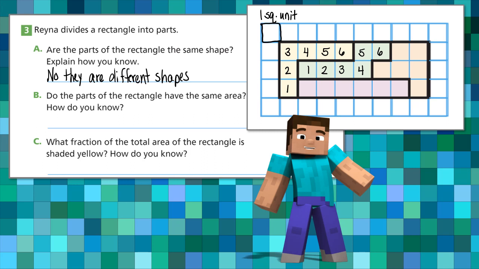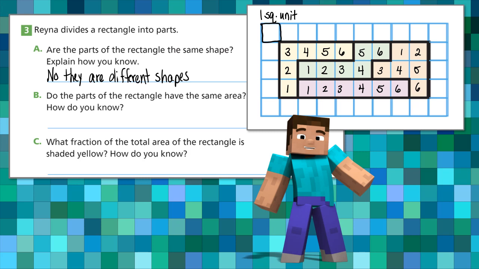And let's look at the pink. 1, 2, 3, 4, 5, 6. And then the orange one. 1, 2, 3, 4, 5, 6. So I think that all of my parts in my rectangle have the same area. They each have 6 square units as their area measurement.